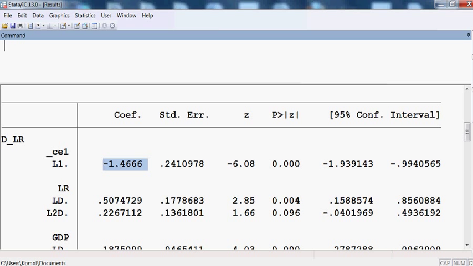Okay, what does this mean? This one is called the speed of adjustment, the speed of adjustment towards equilibrium, right? So that is the error correction term.